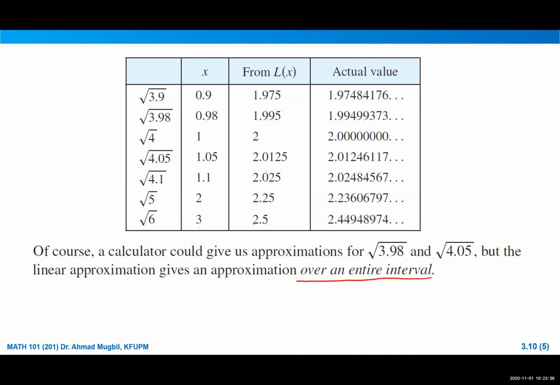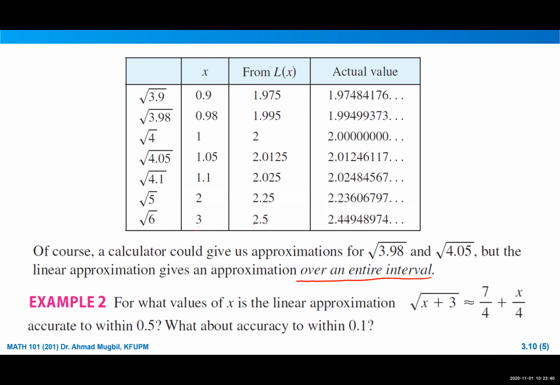value. Like this example, for what values of x is this linear approximation accurate within 0.5? So here I want the approximation to be the exact value plus or minus 0.5. Also, what is the accuracy to within 0.1?